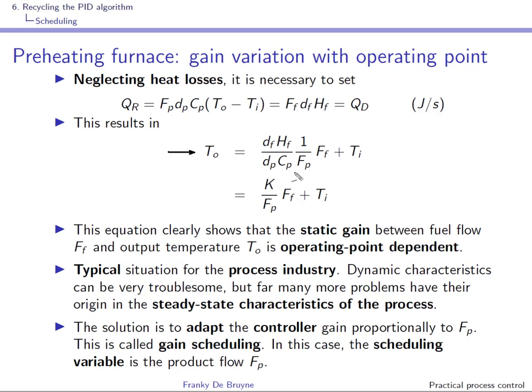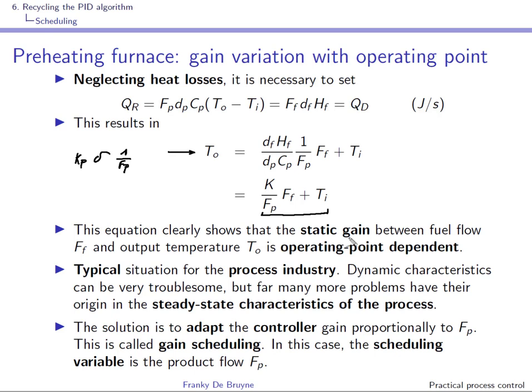What is interesting to us is the static relation from fuel flow to output temperature. And indeed we see here this dependence on the product flow in 1 over x. So you can rewrite it like this, and we see that the process gain is proportional to 1 over the product flow.